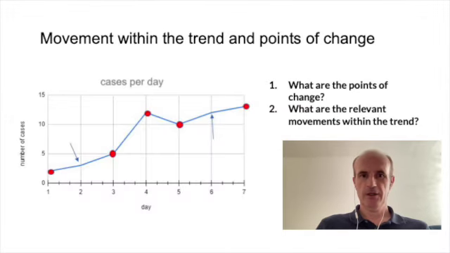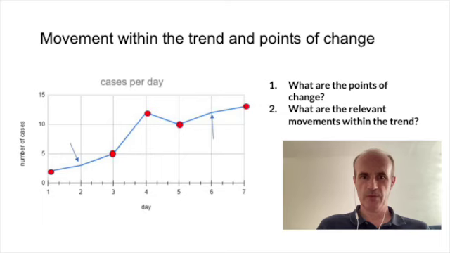Good. Now here, another important element that we want to mention is the movement within the trend. Now, as you can see, this line goes up and down, and I made the points of change red.